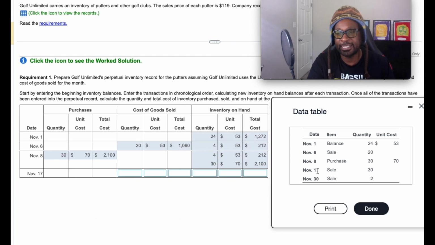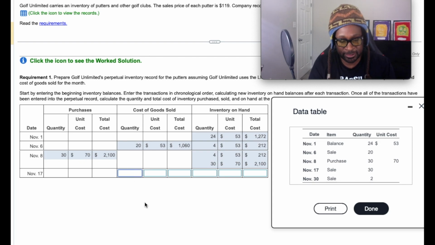Looking at this list as of November 17th, the most recent thing we purchased came from November 8th, gang. We made a purchase of 30 units at $70 on November 8th. So you know what that means? All 30 of those units have been sold on the 17th.